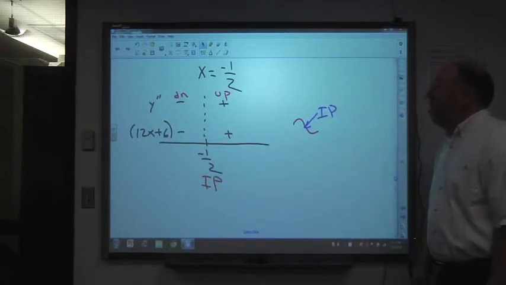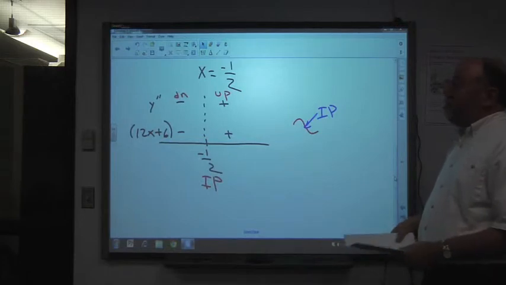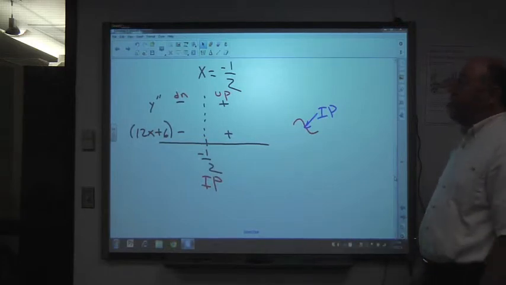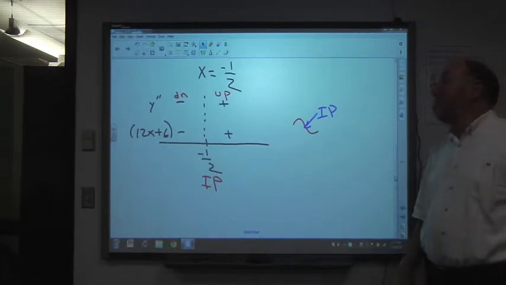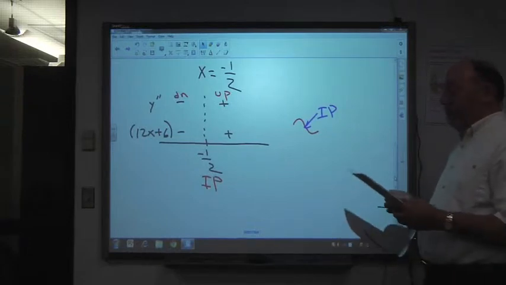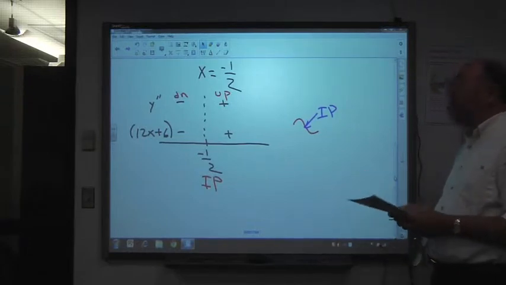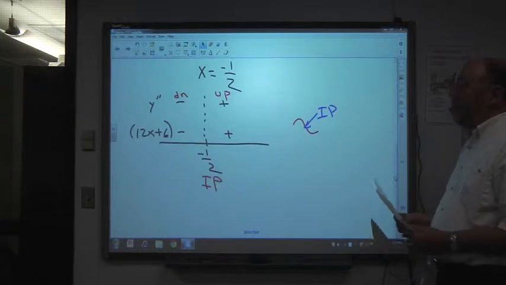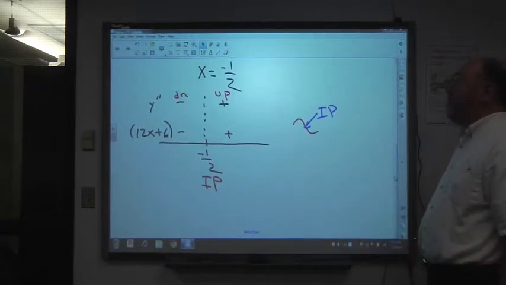Right? So the first derivative can tell us in terms of increasing, decreasing, mins, maxes. The second derivative test tells us a bit about what's going on with the shape of the curve and where it's making that transition from concave up and concave down.